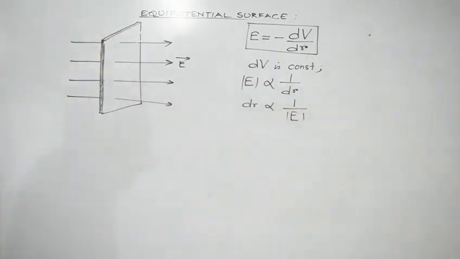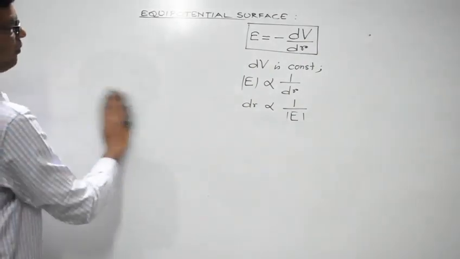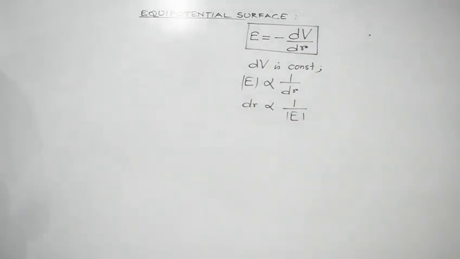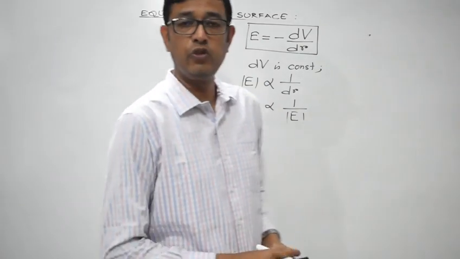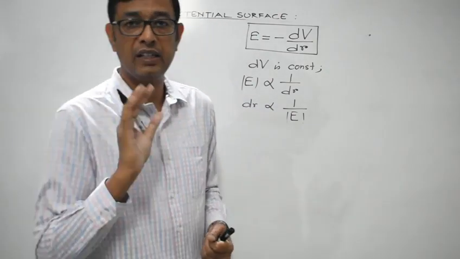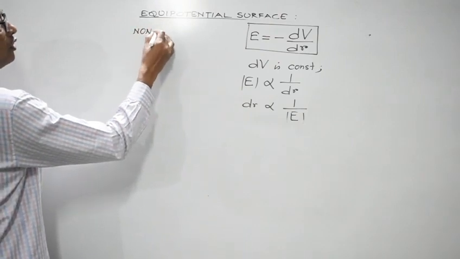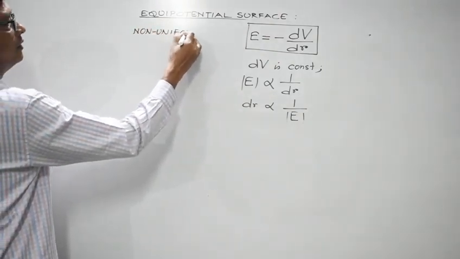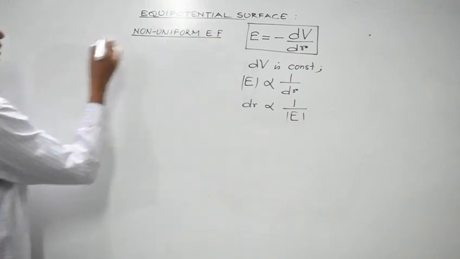In order to convince ourselves of this statement, let's consider this diagram. Suppose we need to draw three equipotential surfaces in the case of a non-uniform electric field. Two cases may arise.